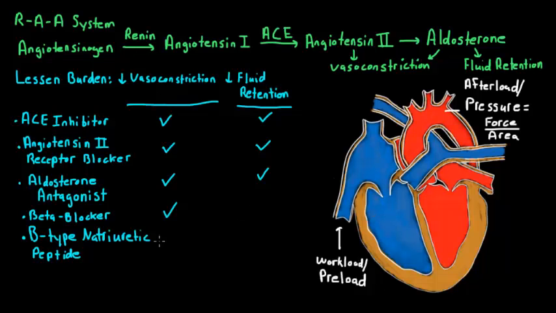So it produces this peptide in order to increase the amount of fluid that the body releases. So the way it works is it encourages the kidneys to take up solutes. When the kidneys take up solutes, water follows, and promotes urination. So you're releasing fluid through urination, which effectively is going to decrease the force, and it's also going to decrease the workload, because we're going to have less fluid in the circulatory system, right? So the big thing with B-type natriuretic peptide is fluid retention, all right?